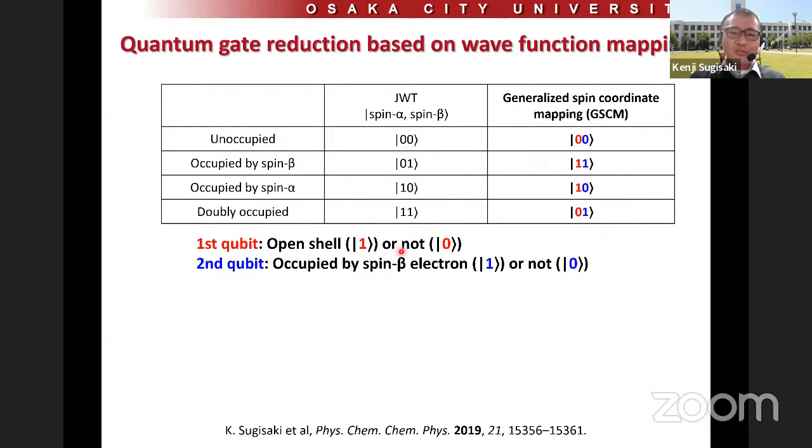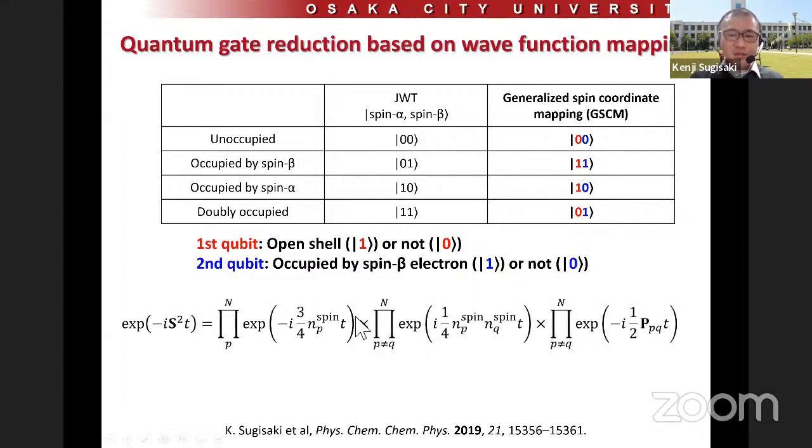This is an occupation number basis, so it means Jordan-Wigner cases. In the general spin coordinate mapping, the first qubit stores if the corresponding molecular orbital is open shell or not, and the second qubit represents the occupation number of spin-beta electrons.